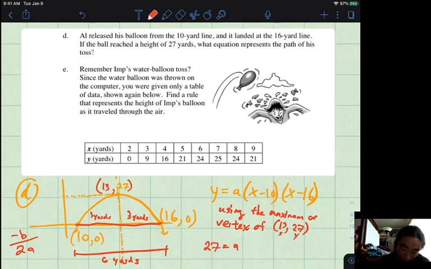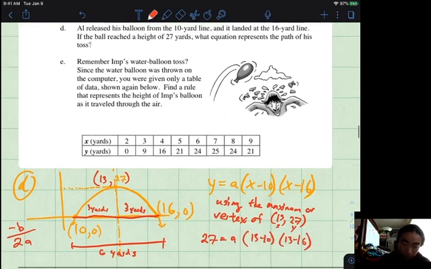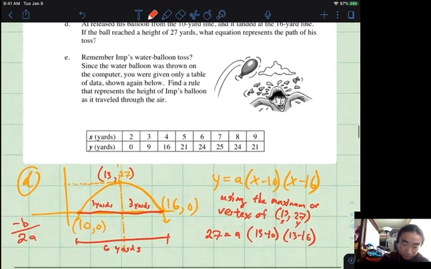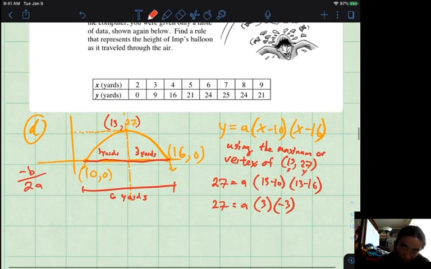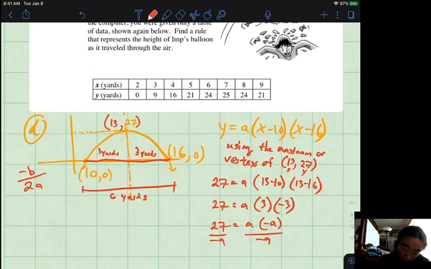27 equals a times 13 minus 10, 13 minus 16. 27 equals a times 3 times negative 3. 27 equals a times negative 9, divide by negative 9, that equals negative 3 equals a.